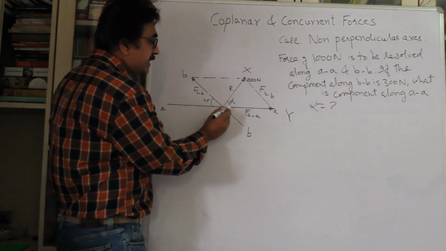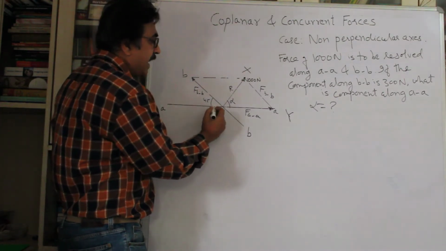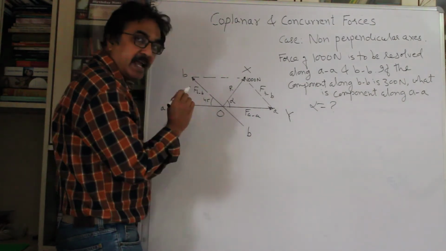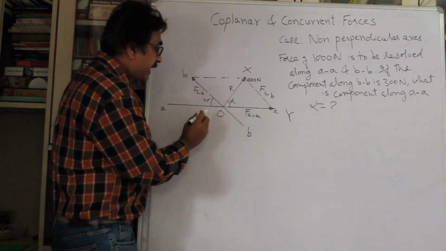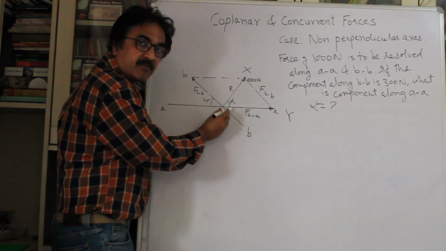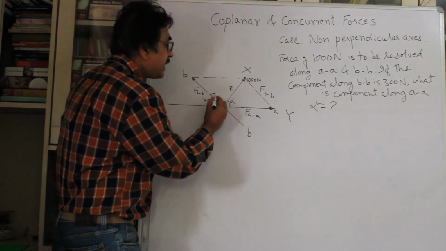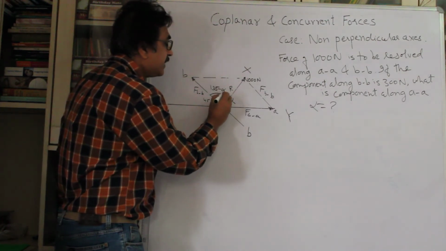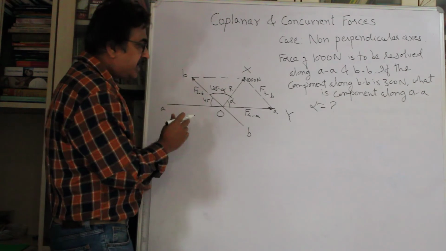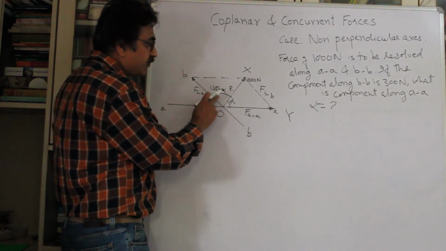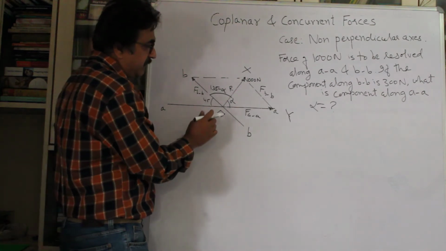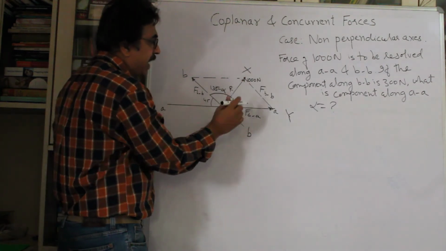Now look, we will first find out all the angles. This is 45, this is alpha, and the total should be 180. So this is going to be 180 minus, in brackets, 45 plus alpha. So essentially this angle is going to be 135 minus alpha, right? Now see, if this angle is 135 minus alpha, consider two parallel lines.